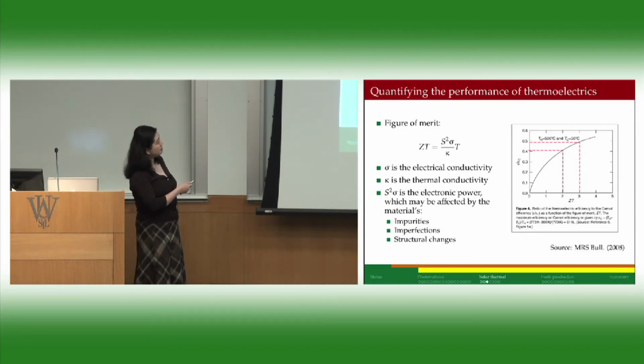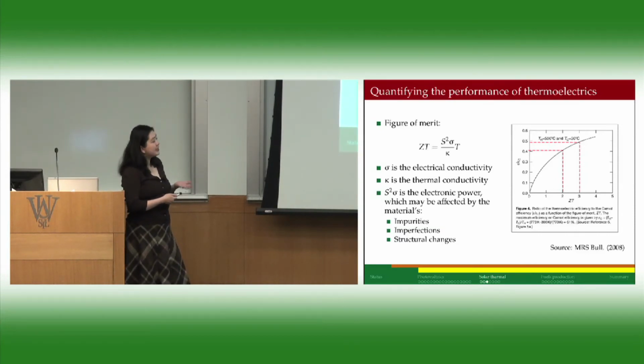You have the Seebeck coefficient, which you already know about, which is proportional to the entropy. You have the electrical conductivity here, and you basically divide it by the thermal conductivity. Okay, so look at this term. On the top, you have electrical terms, electrical conductivity, electrical power. On the bottom, you have thermal conductivity terms.